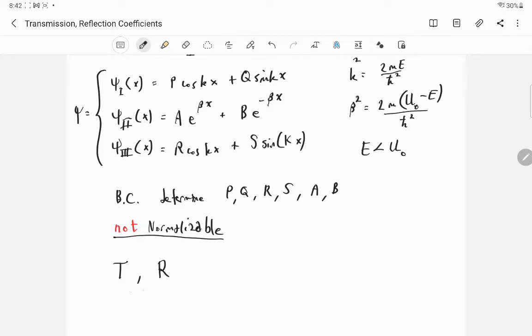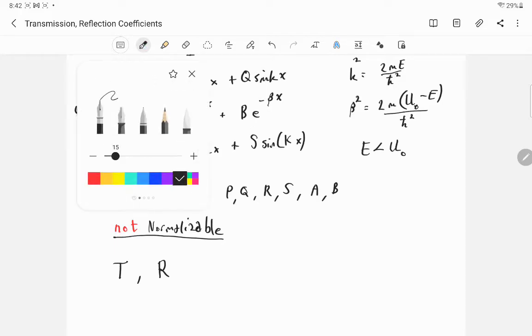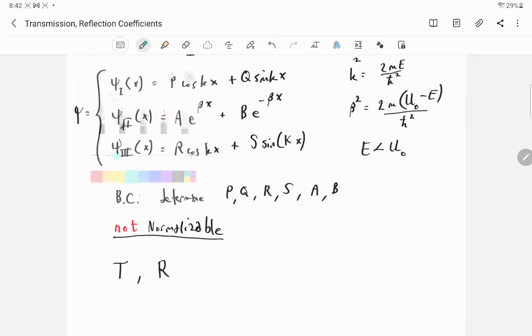And I'm realizing that I made a mistake in labeling my coefficients within my wave function solutions. I'd like you to notice very carefully that the meaning of this R and the meaning of this R are different. We're going to calculate something called the reflection coefficient, but it is not the value of this coefficient here.